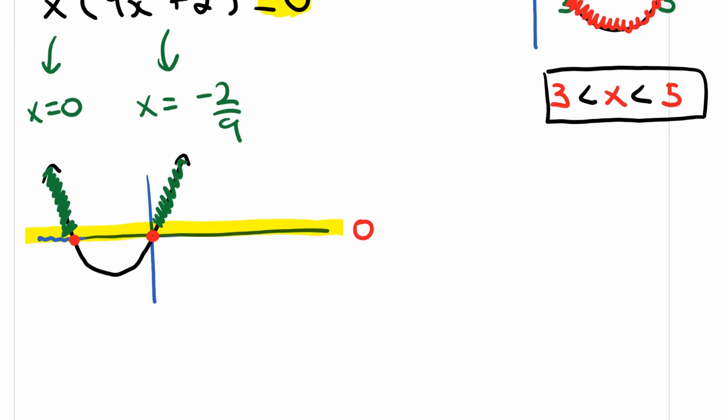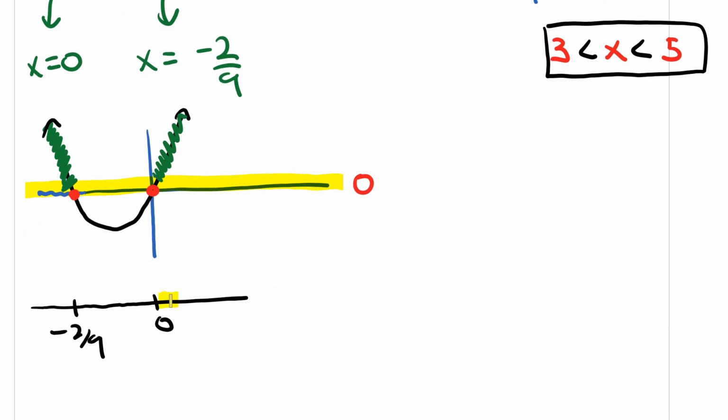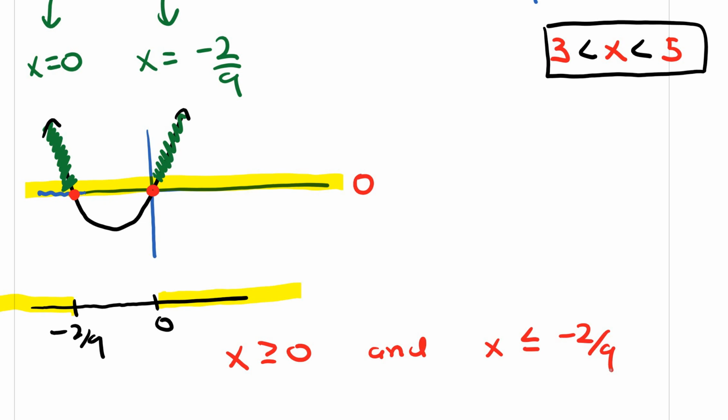If I think about this on a number line, here is 0 and here is negative 2 over 9. It's these outer regions where the graph is above the x-axis. So this means x is greater or equal to 0, and x is less than or equal to negative 2 over 9. Those are the two regions where the graph is above the x-axis.